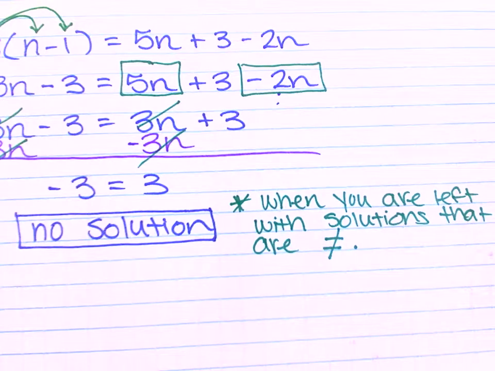No solution. When you are left with something that is not equal to each other. So your variable disappeared, and the two numbers you have left aren't the same. That'll be no solution.